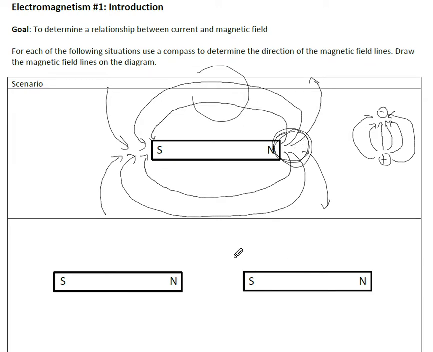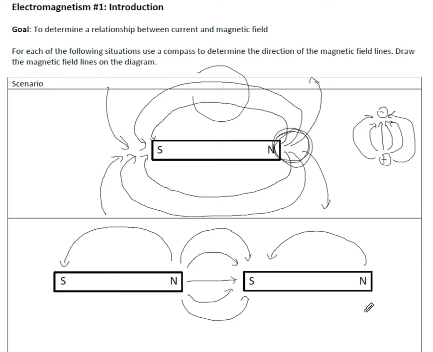If we have two bar magnets like the following, then we could draw the arrows from north to south, so we're going to have magnetic field lines drawn like so, and from here it's going to go to the south pole, and north to south, north to south.